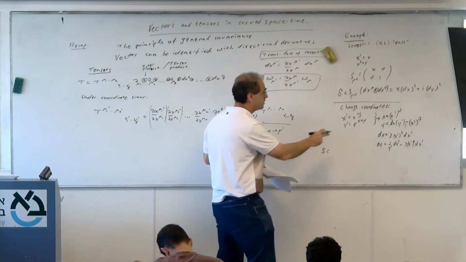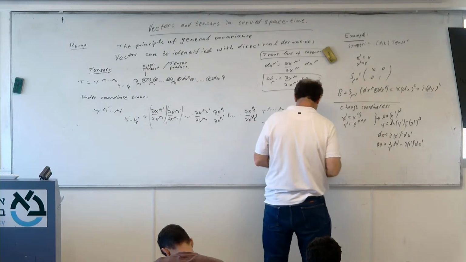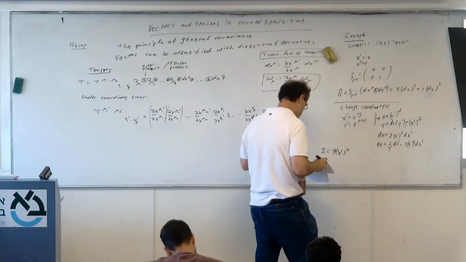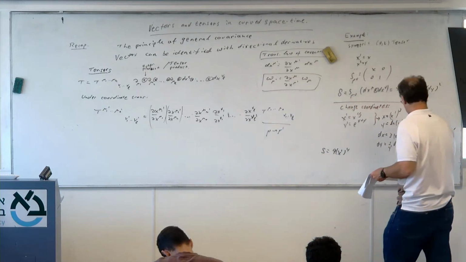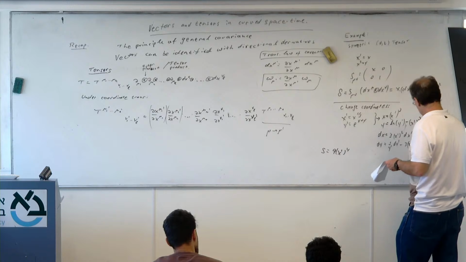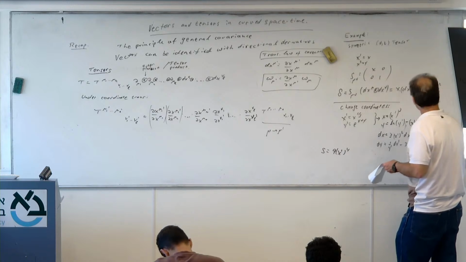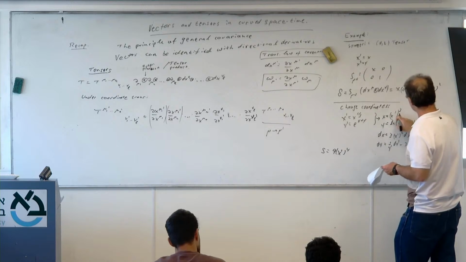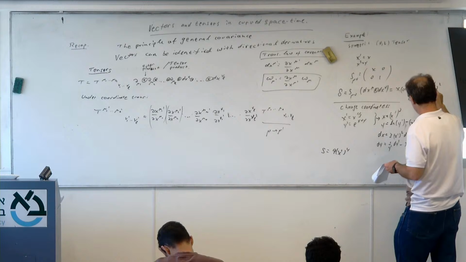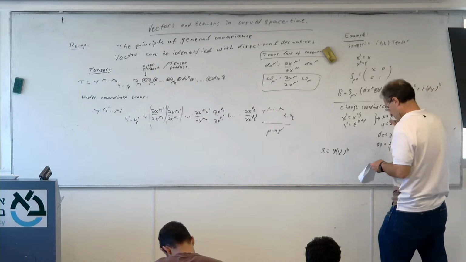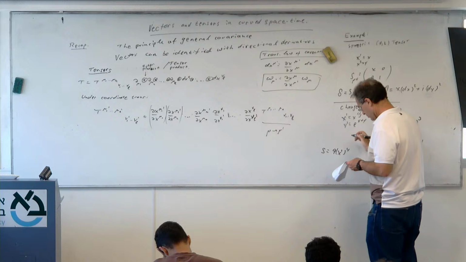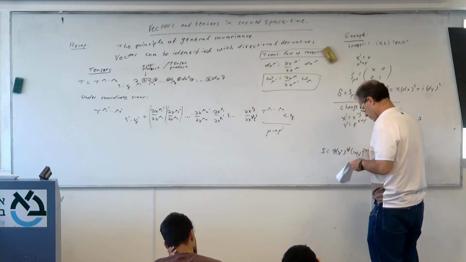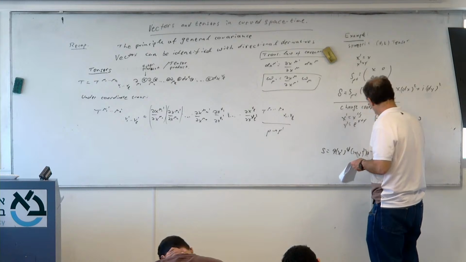The first term is 9 times x prime to the power 4 times dx prime squared, and from the other term I have x prime to the 4 times 1 plus x prime cubed times dx prime squared.